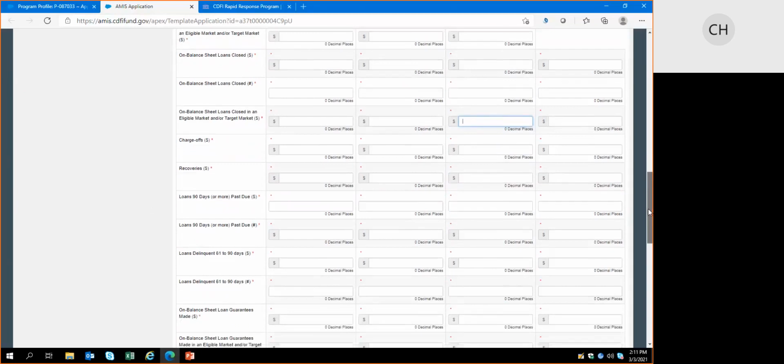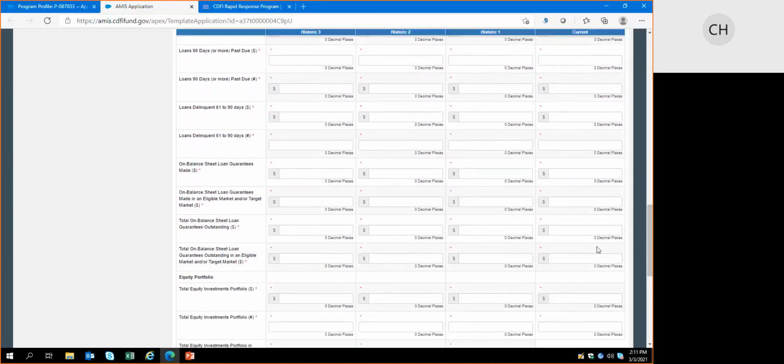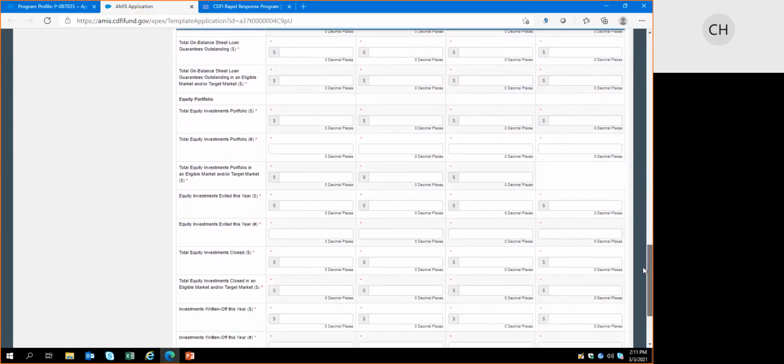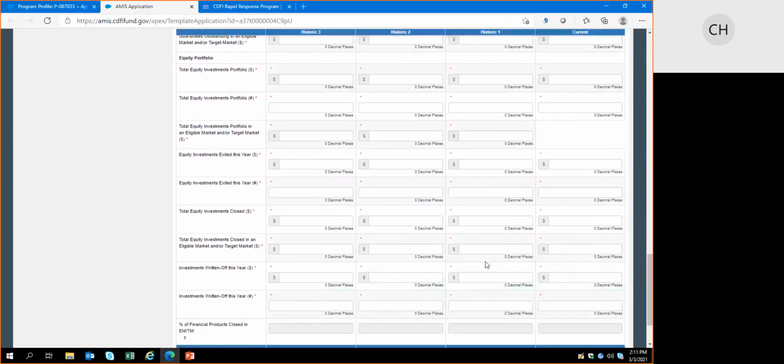So that field right there, plus the on-balance sheet loan guarantees made in an eligible market and or target market in your most recent historic year, and the total equity investments closed in an eligible market and or target market in your most recent historic fiscal year.